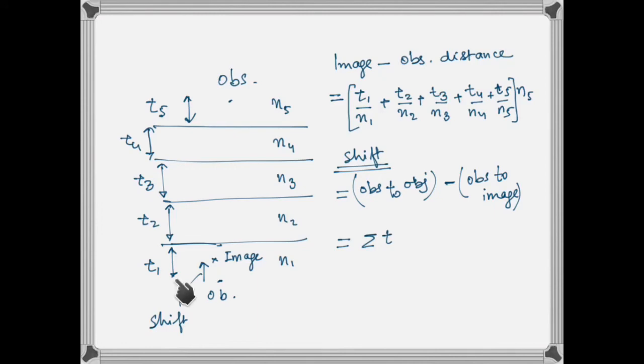It is the summation of all these t values, which I have written in short, summation of t, minus observer to image, which is written here in shortcut notation. Summation of all t by n values can be written as summation of t by n, and then finally multiplied by n5. So this will give summation of t bracket 1 minus 1 by n into n5.